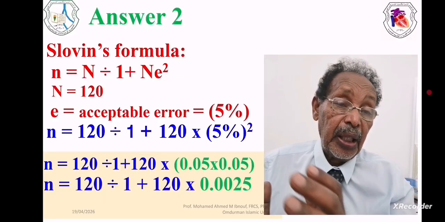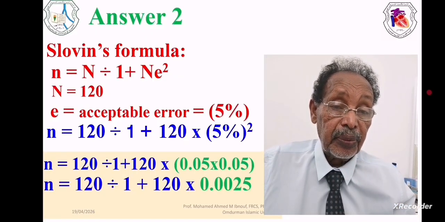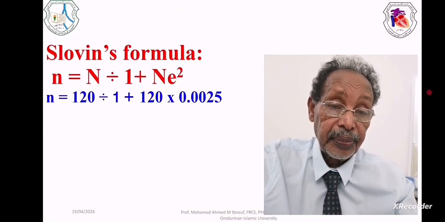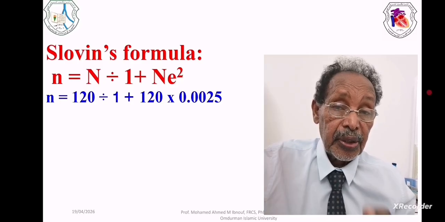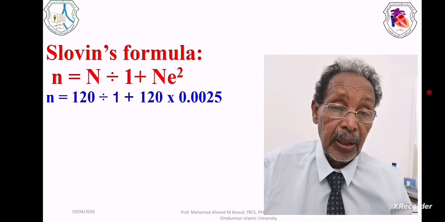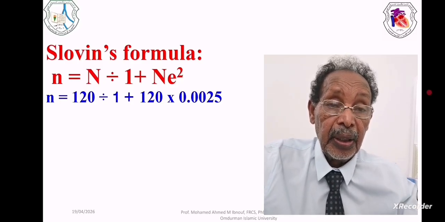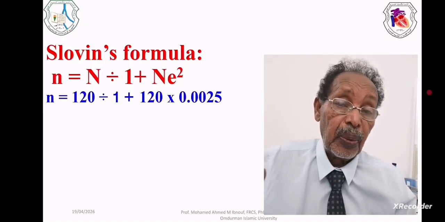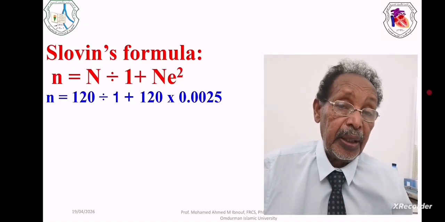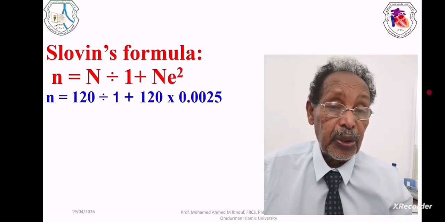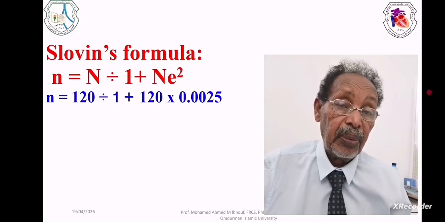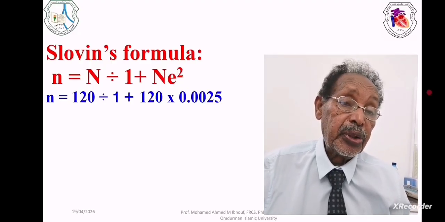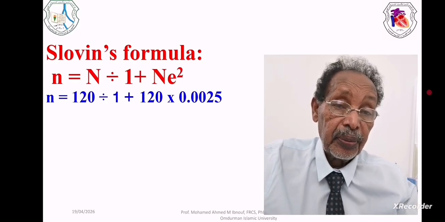And then we divide 120 by the result we are getting from this calculation. This is the same Slovin's formula, or Taro Yamane formula. The population 120 divided by 1 plus the population 120 multiplied by e squared, which is 0.0025.